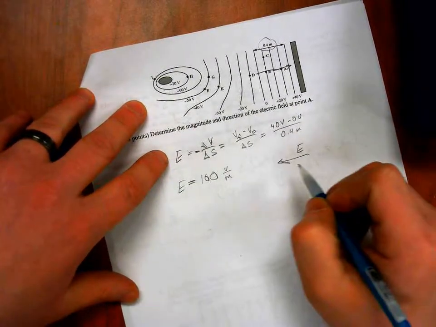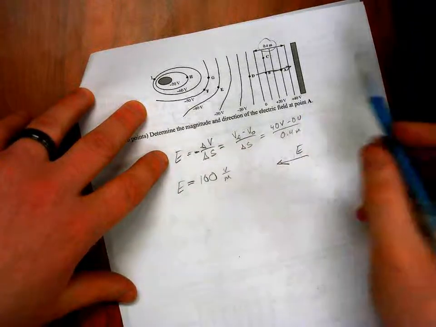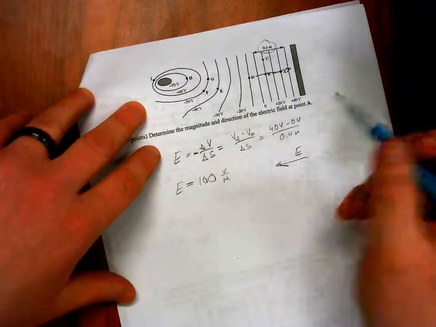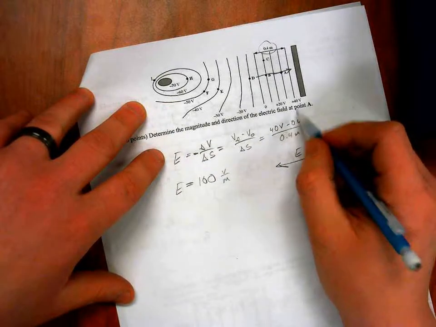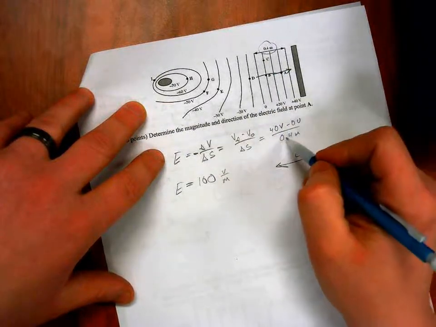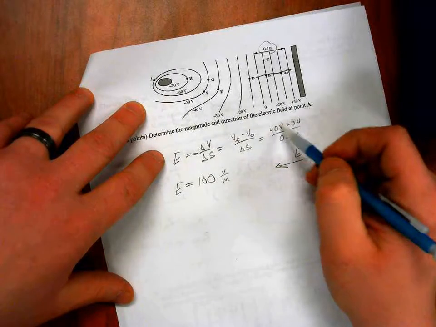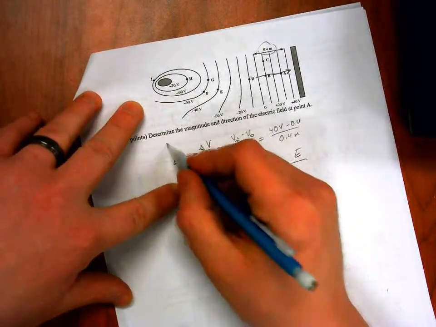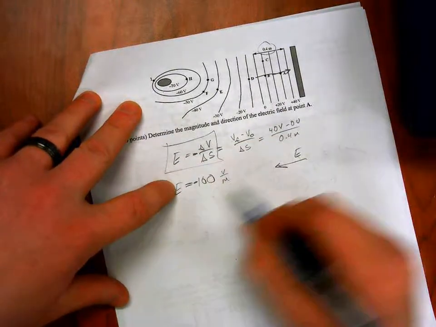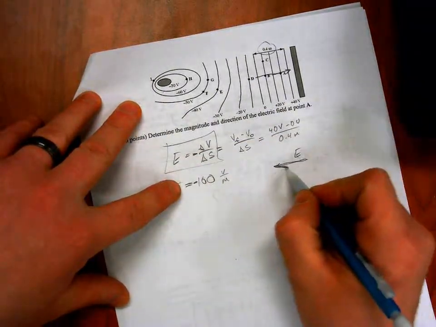So that's why this wasn't making sense to me, because I knew the electric field had to point to the left, but this is positive, 40 minus 0, and this would be positive too. It's a positive change in distance, so it would be a positive thing, but the field is negative because I forgot that the equation is negative, and this is right because it points in the negative direction.